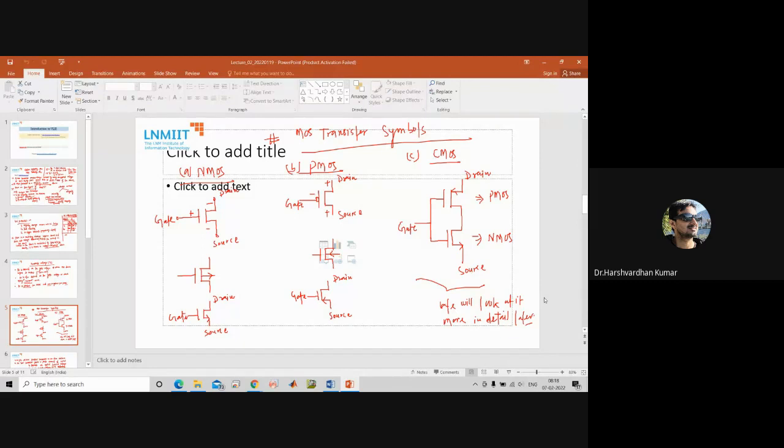The gate current will be 0, and I have already discussed it. Why will it be 0? Because the gate is isolated from the bulk semiconductor. If something is isolated from the bulk semiconductor, can you assume the current will flow in that case?